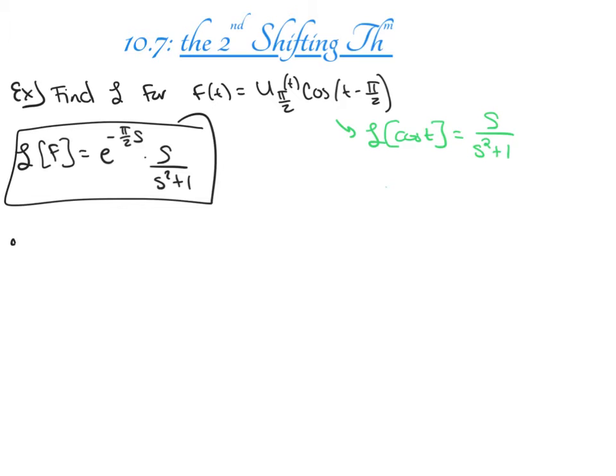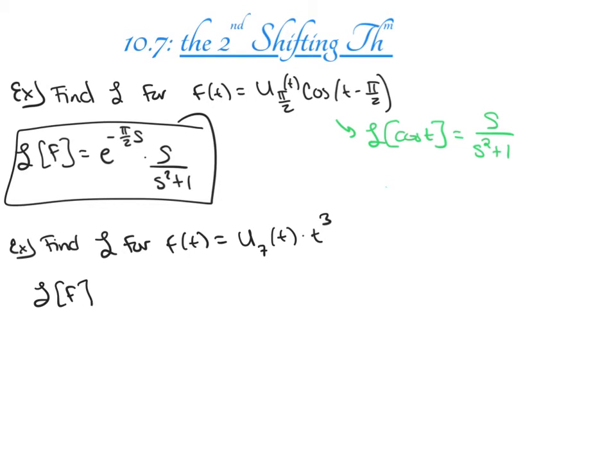Okay, let's try one more. Let's find the Laplace transform for f of t equals u sub 7 of t times t cubed. Okay, so the Laplace of this f would be e to the negative 7s times the Laplace of t plus 7 all cubed.